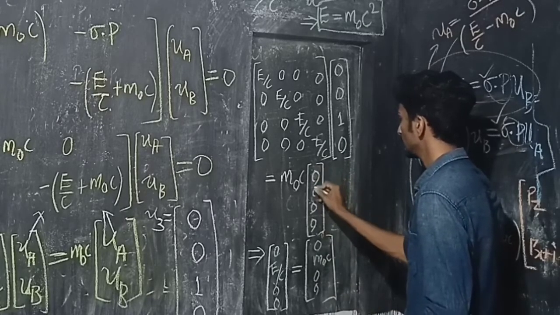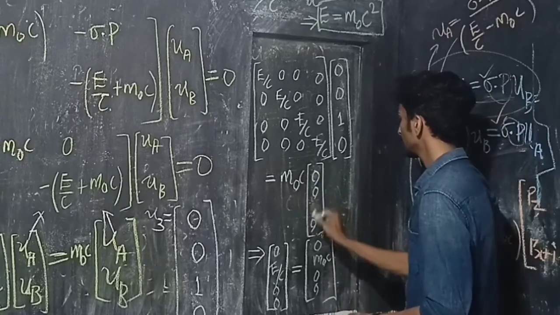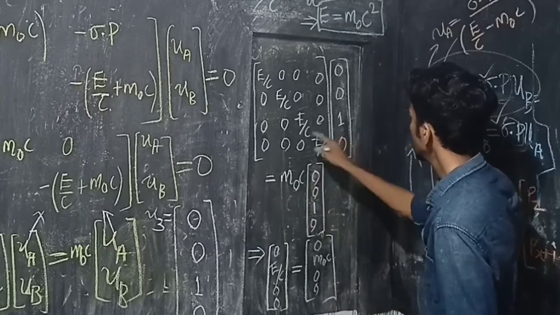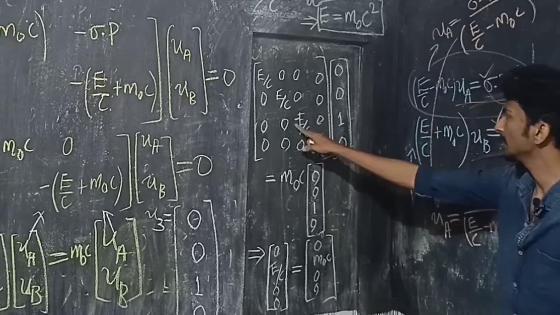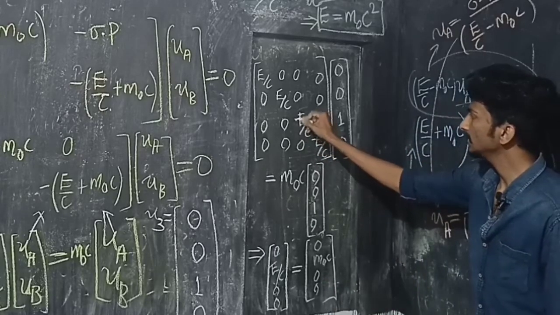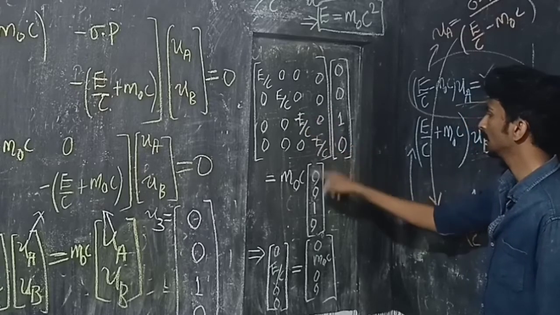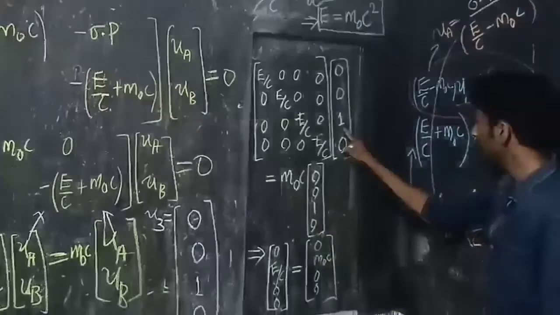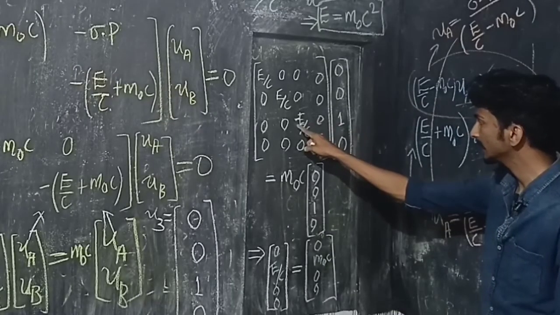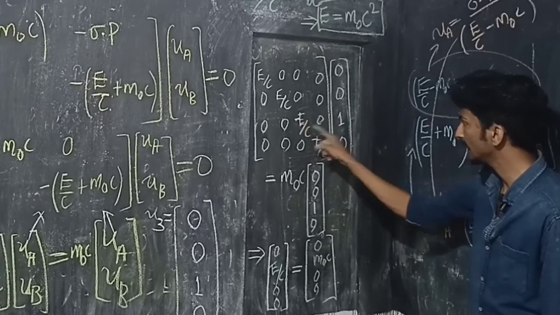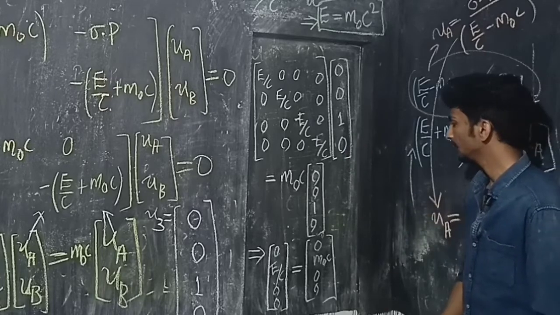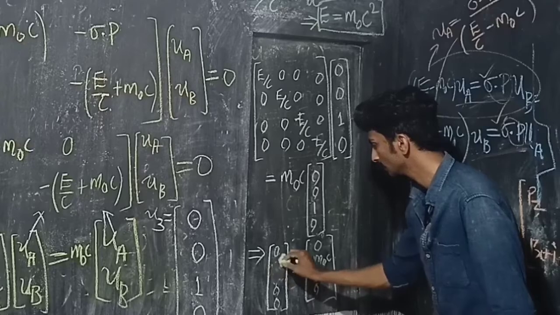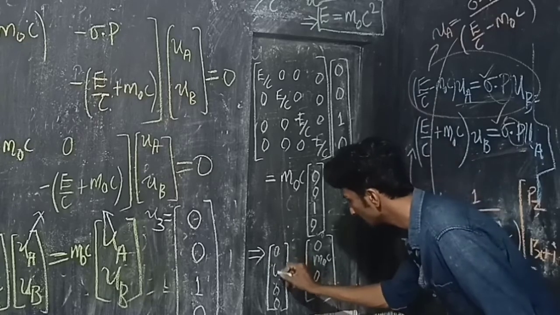Applying the Dirac equation in the rest frame gives minus E by C outside. This case is different from the previous case because this one projects minus E by C outside. That's the main difference here.